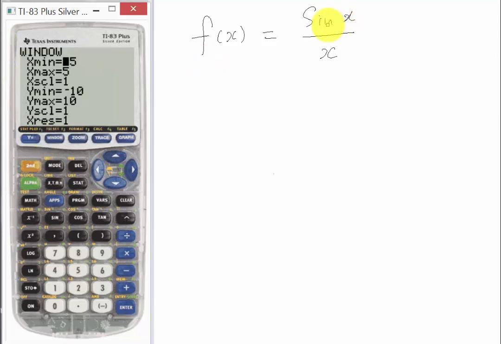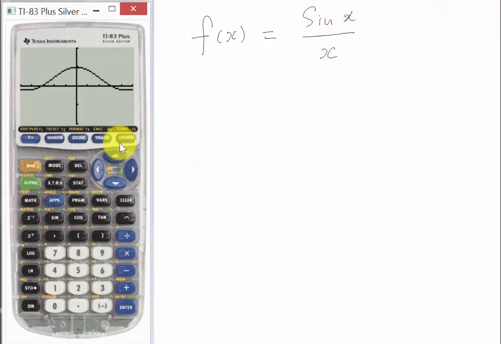We don't need a big x value, say negative 5 to 5 is okay, and for y, say negative 2 to 2, because sine x takes only values up to 1. Let's graph it. This is the graph we see here.